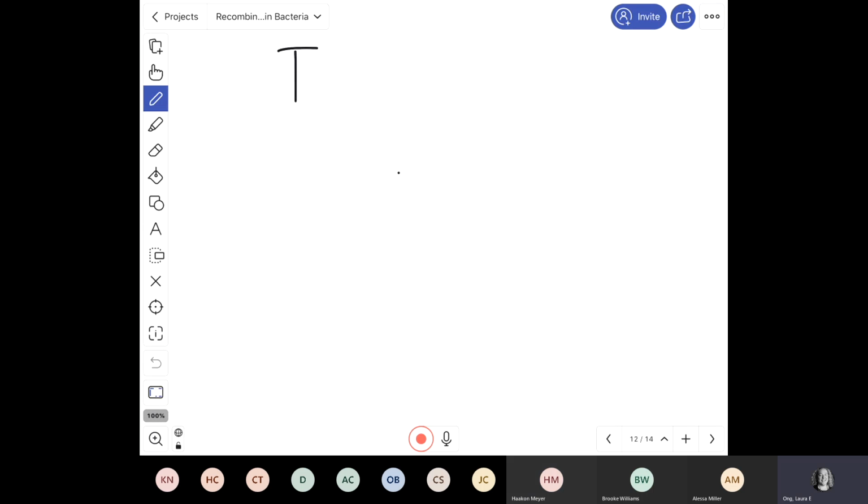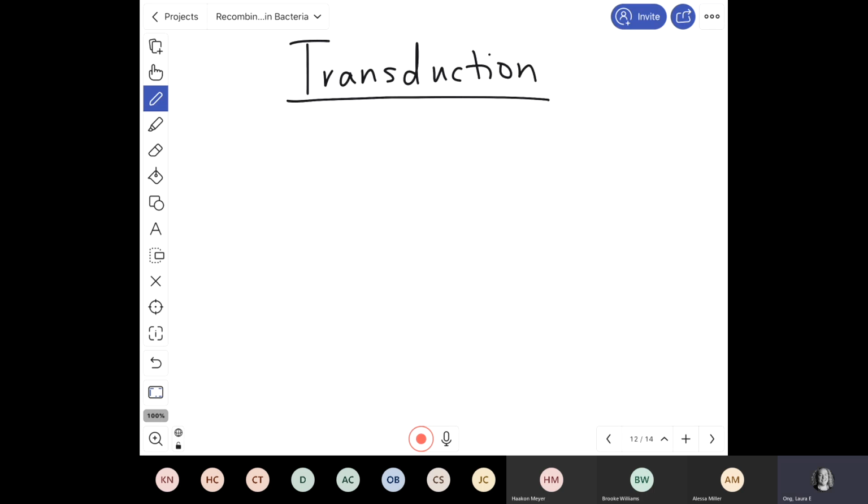So overall, our takeaways from transduction: what's required for transduction?